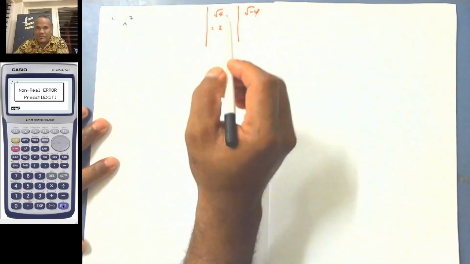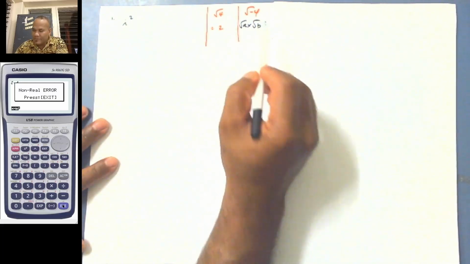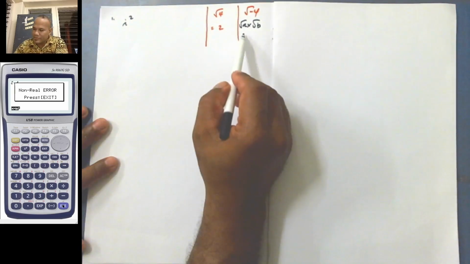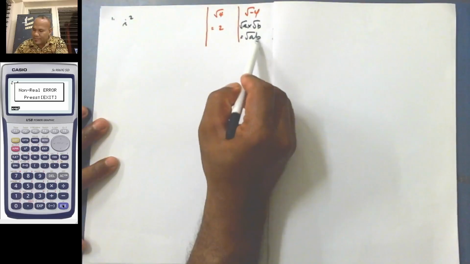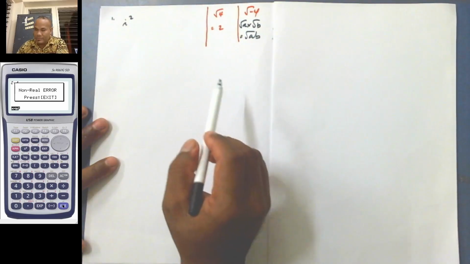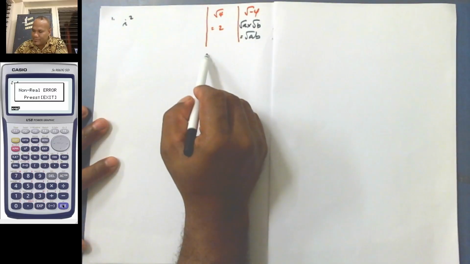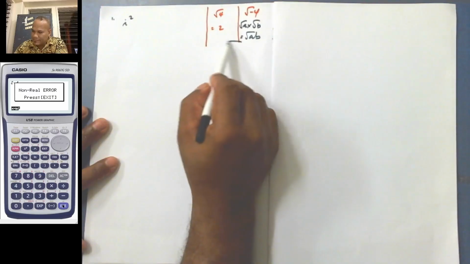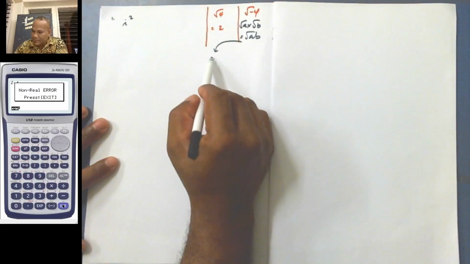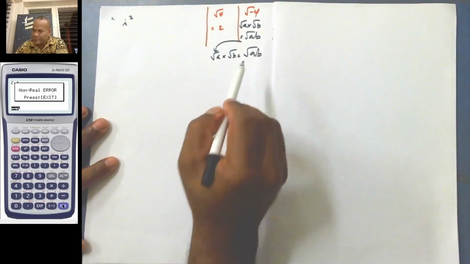So the laws of square root says that the square root of A times the square root of B is equal to the square root of AB.